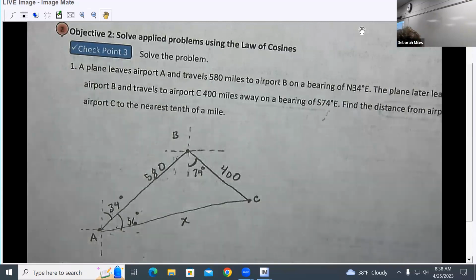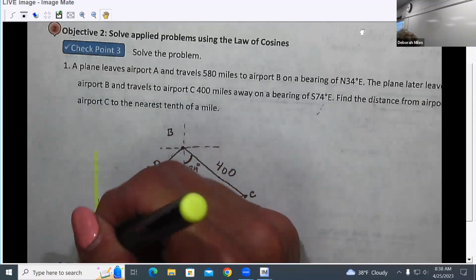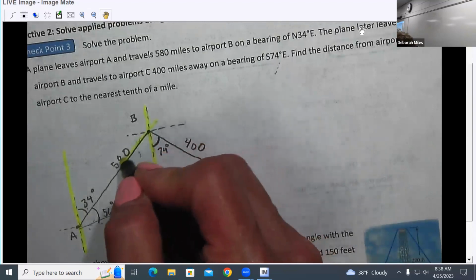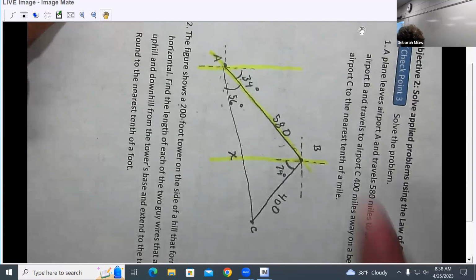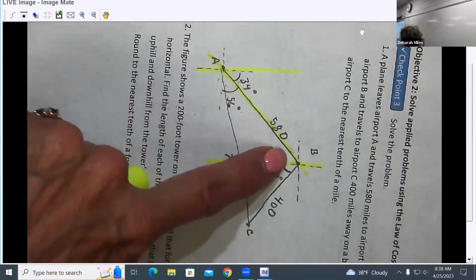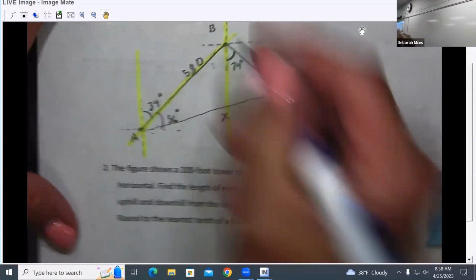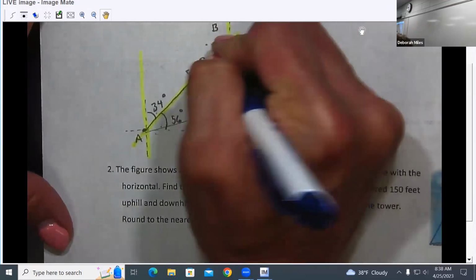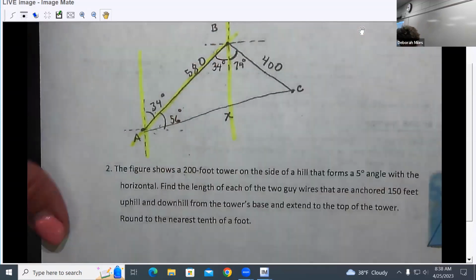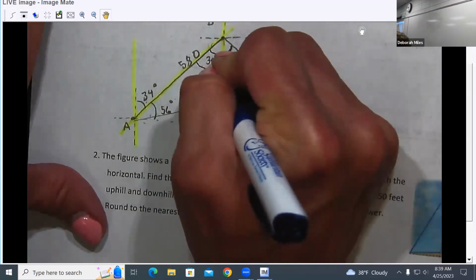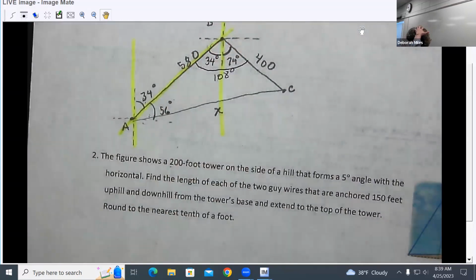Let me highlight my two parallel lines cut by a transversal. Turn it that way and you can see them. If that's 34 degrees, that has to be 34 degrees. I'm so proud of you. You've learned a lot, sister. So now we know two of the interior angles. We know that this big one right here is 108 degrees.